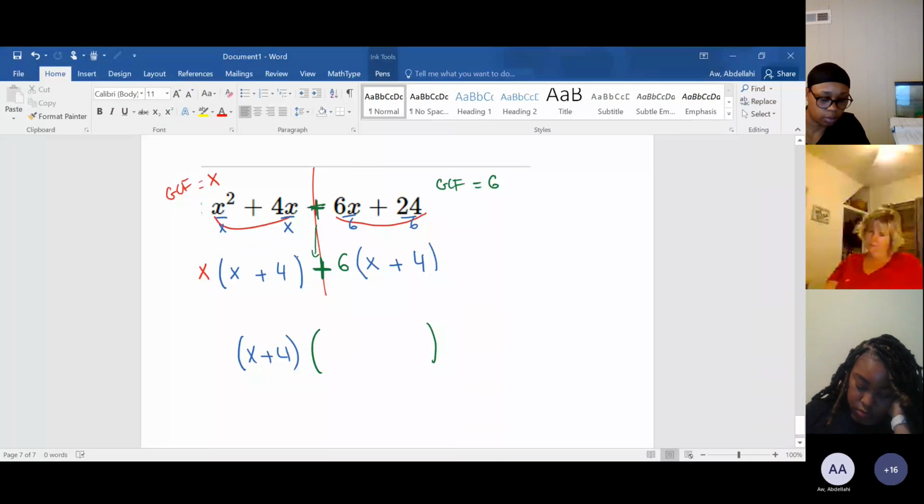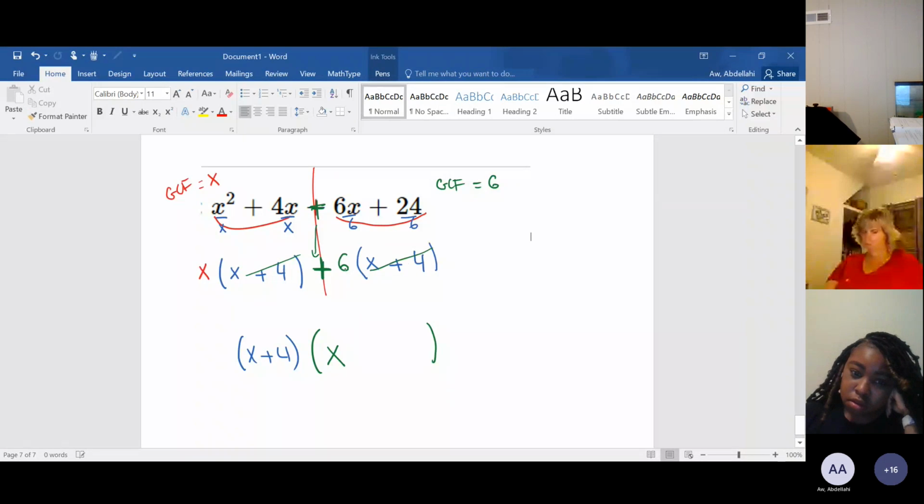Who remains? The 6. And that's how you factor this one. Now we have our answer. This is factoring by grouping.